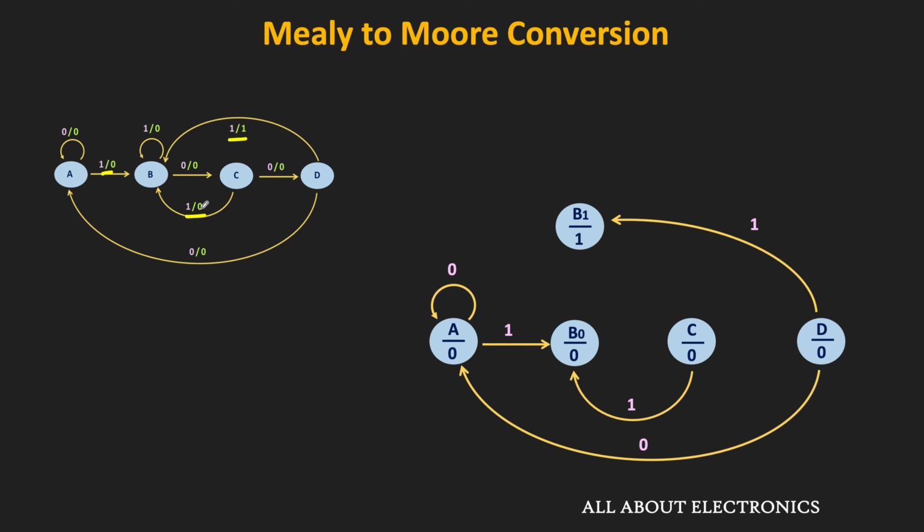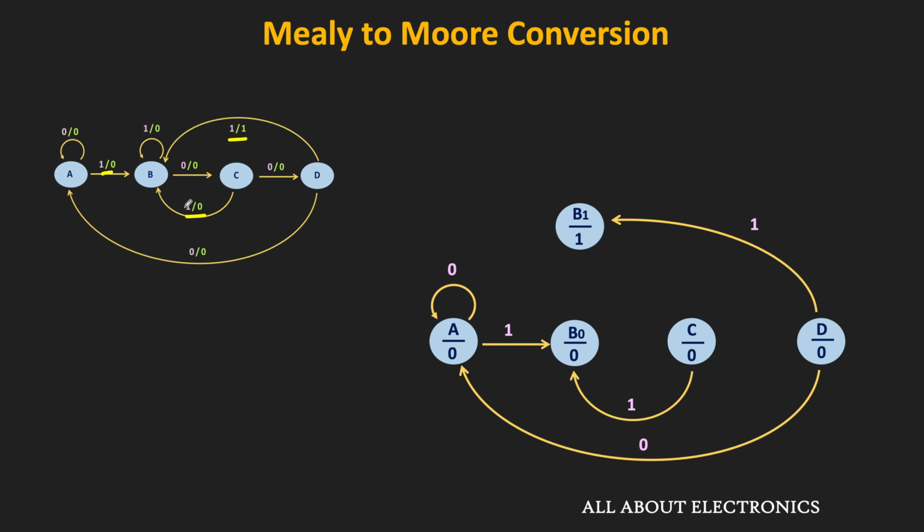So now, let us see the outgoing transitions from this B state. So in the B state, we have total 2 outgoing transitions. The one is from the B to C state, and the second one is within the B state itself. So in the equivalent Moore diagram, this B0 and the B1 state will also have the same outgoing transitions. Because like I said earlier, this B0 and the B1 states are created from this B state itself.